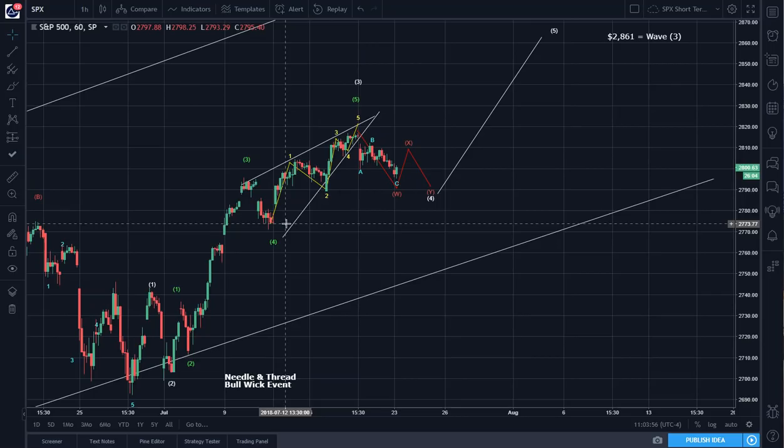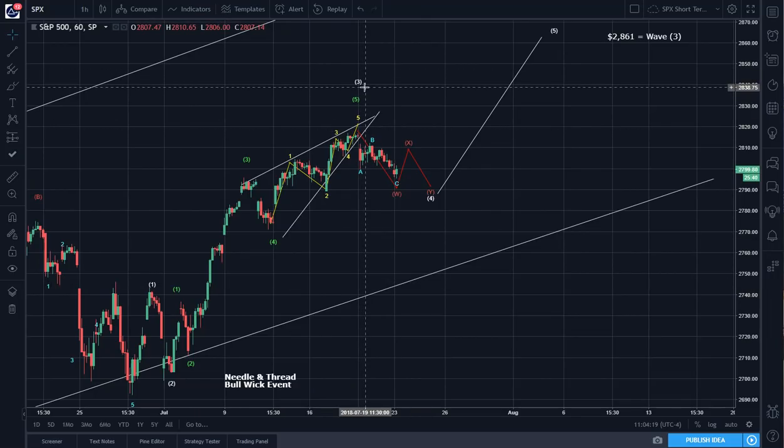For a leading diagonal, everything is about the same, except it subdivides as 5, 3, 5, 3, 5, and not 3, 3, 3, 3, 3. So that's the difference between ending and the leading diagonal and how you label it and how the subwaves are accounted for. The ending diagonal is called that because it appears at the end, usually as a wave 5 of a higher degree.